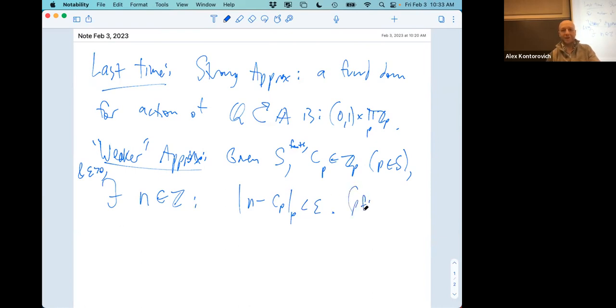The proof was just the Chinese remainder theorem.